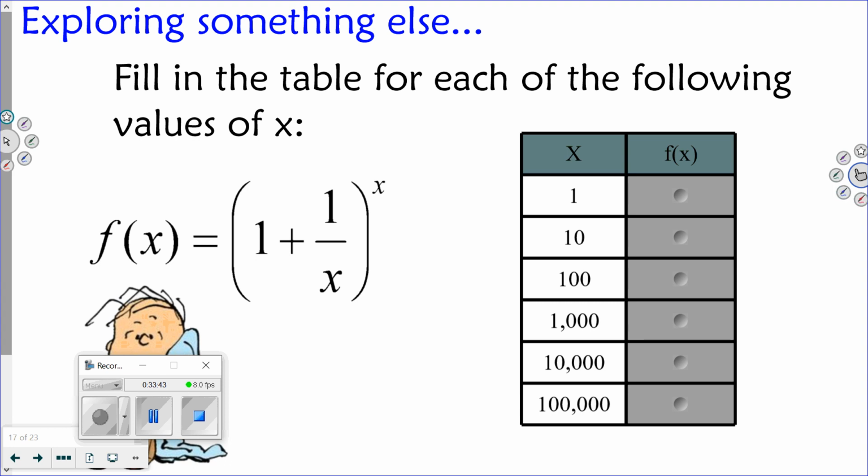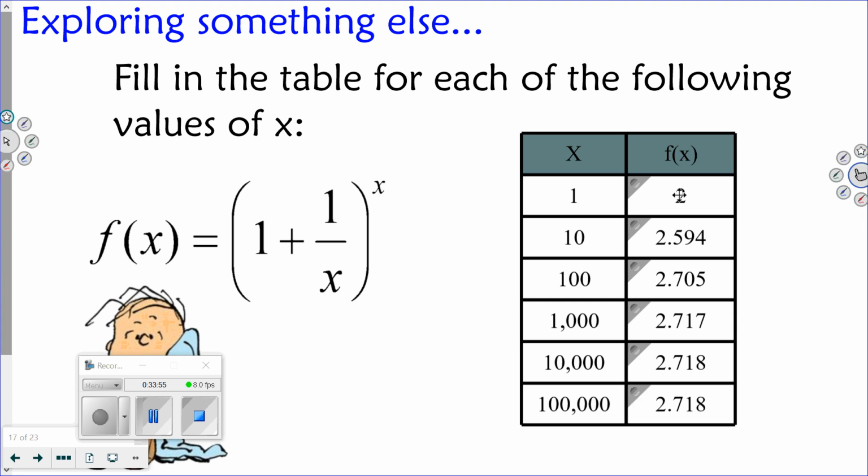All right, guys. So looking at the table, the values you got, have you noticed anything? They're a bunch of decimals. But what happened as you went on with this table? So it's approaching, what's that thing called when it does that? An asymptote. Sounds like you're cussing at somebody, but you're really not.